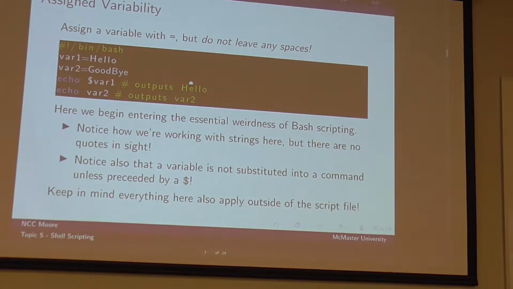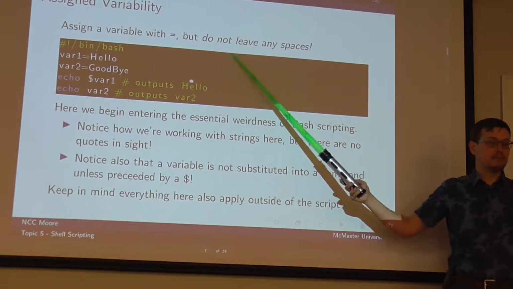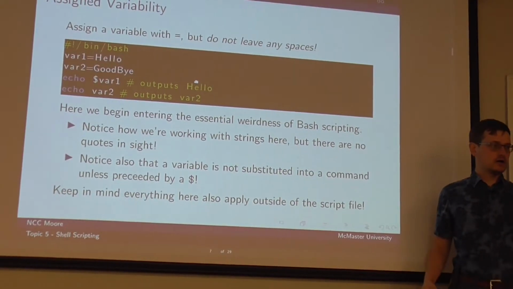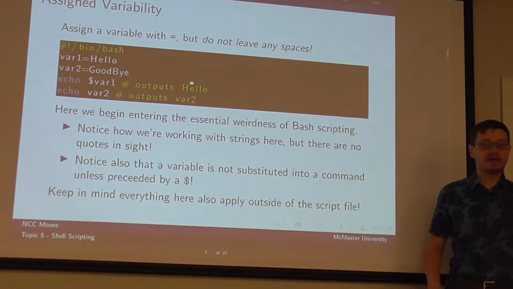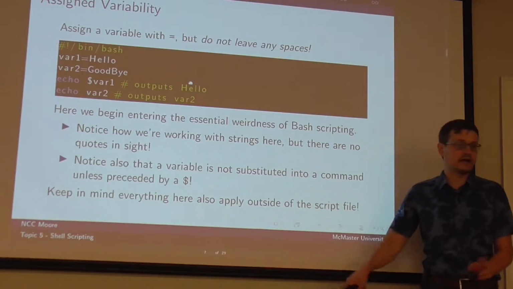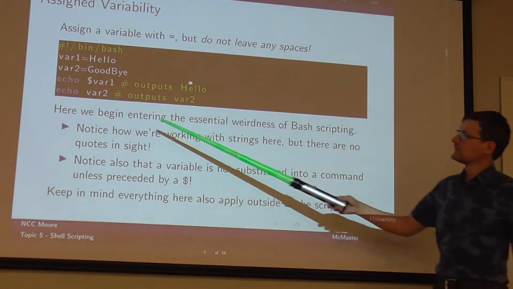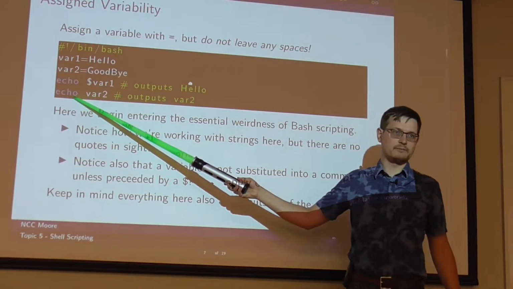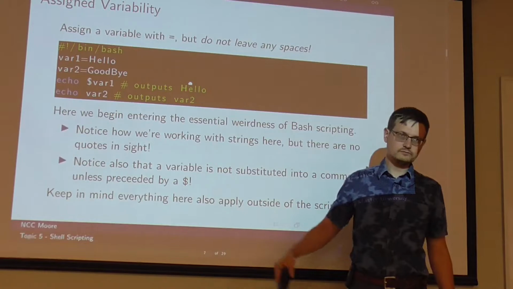So the first class entities in bash scripting are full compiled programs that you may have written with C or any other number of languages, right? Echo is a program, not a function, right?